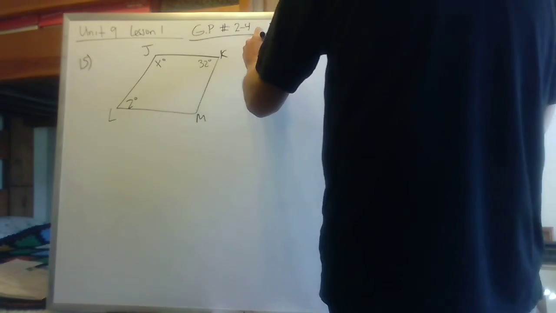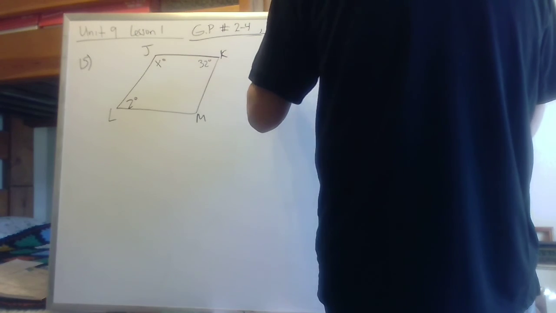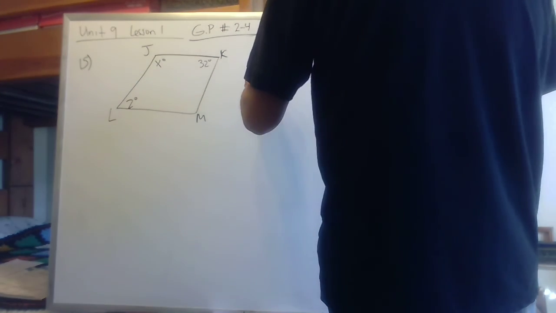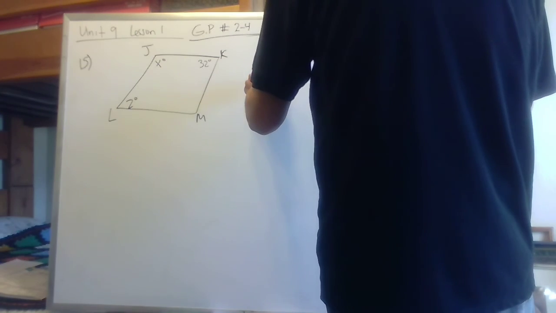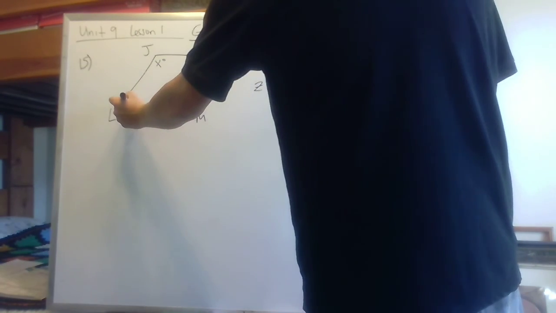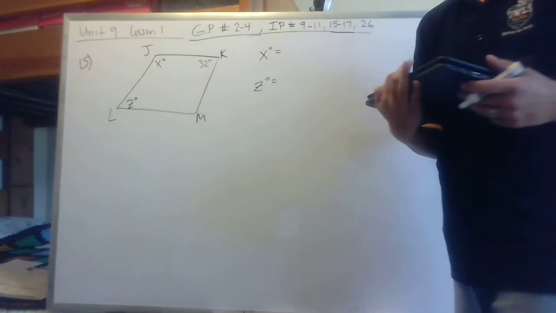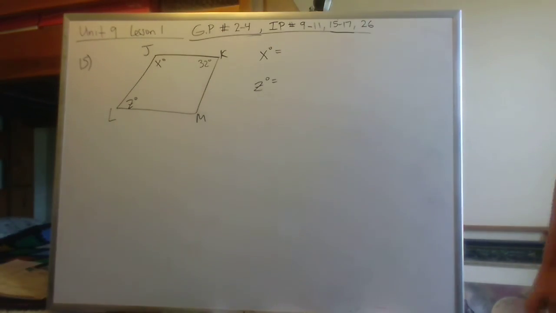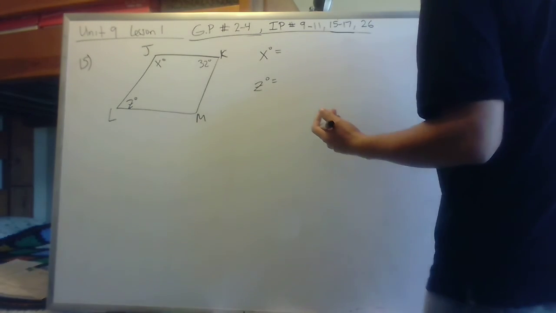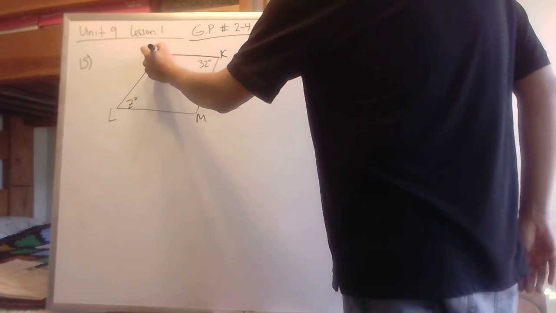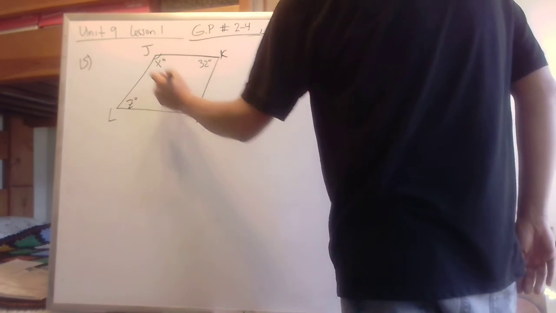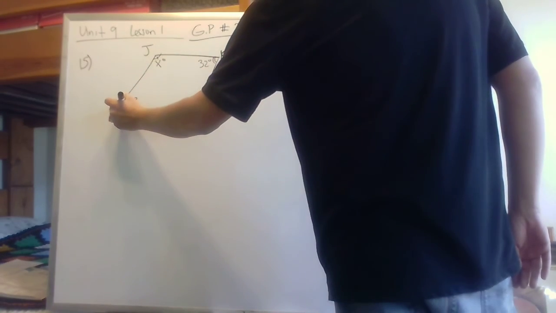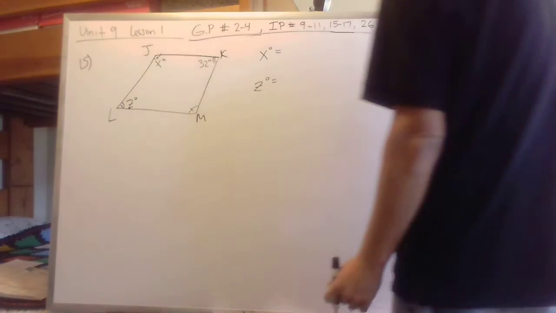So they want you to solve for x, and they want you to solve for z. These are two angles in this parallelogram that we are going to solve for. And as we discussed earlier, some properties, we know that angle J and angle M are going to be congruent, and angle K and angle L are also going to be congruent.